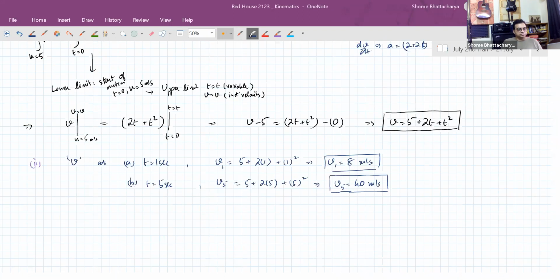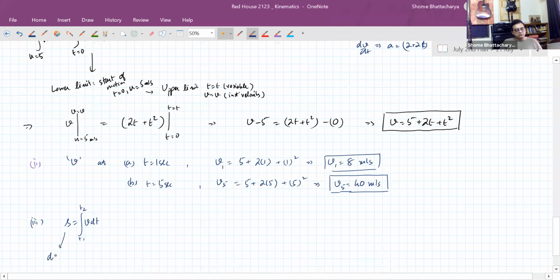Okay, so now next thing, displacement is integration of velocity. This is the displacement in time interval T1 to T2.